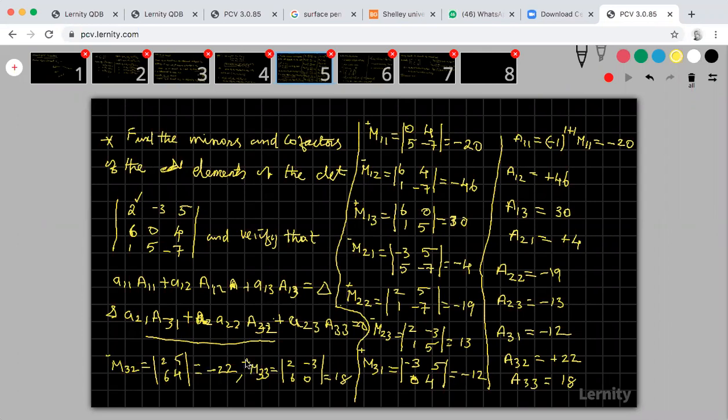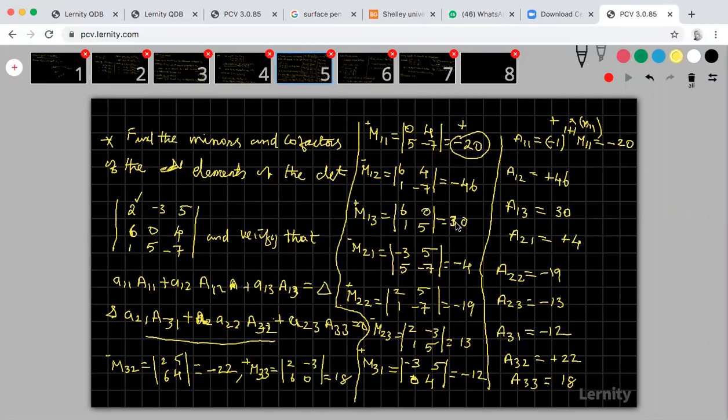So which one do we have to multiply, sir? This element, look at that, this minus 20, multiply by this plus. Minus on the whole power 1 plus 1 is plus, and this is my minor. So the minor multiplied by plus gives the cofactor minus 20. Similarly, this is multiplied by minus, I will get plus 46.